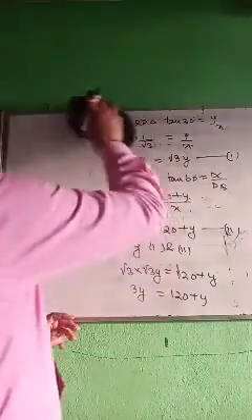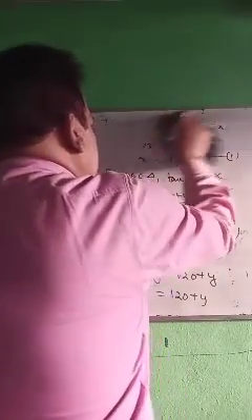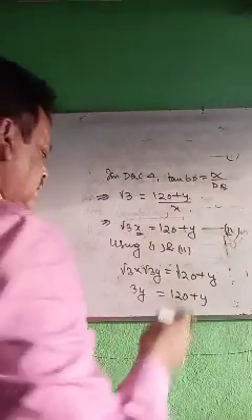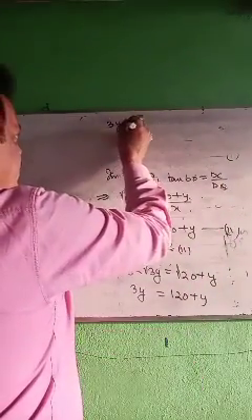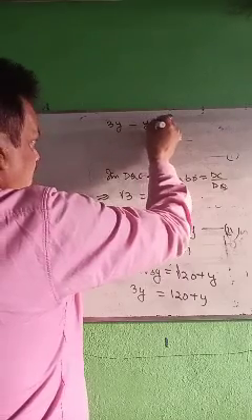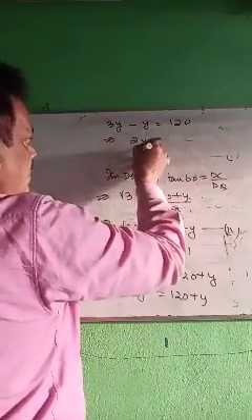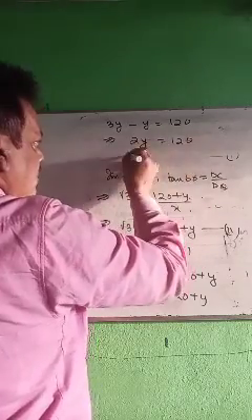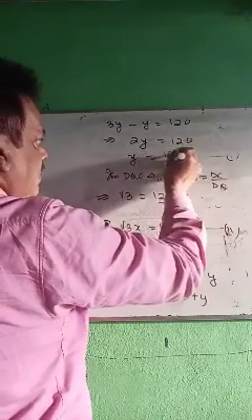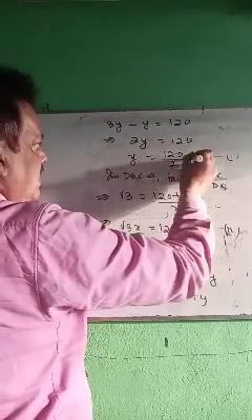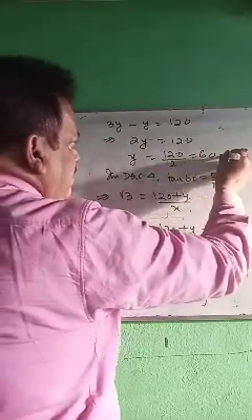Okay. Then 3y minus 2y equals to 120. 2y equals to 120. Y is equal to 120 by 2, that is 60 meter.